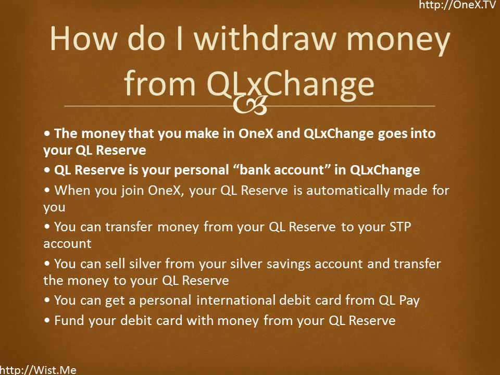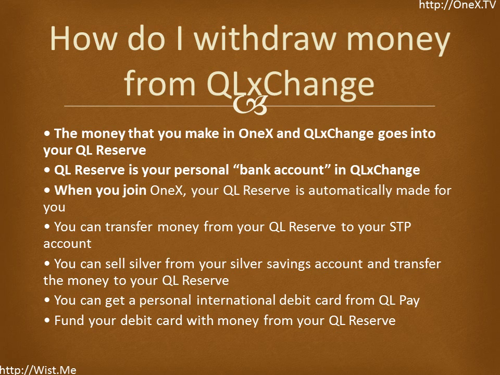You already have this bank account because the moment you joined 1x, this QL reserve was automatically made for you. And when we started with QLxChange, we were advised to open up a Solid Trust Pay account, and that was the only way to get money out of QLxChange.